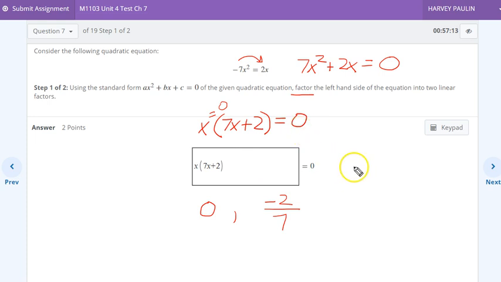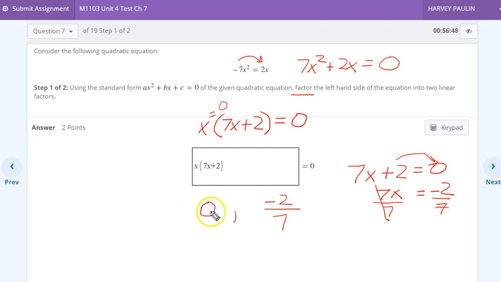Now let me just go through that in some detail because we're sort of using a shortcut here. So first thing, bring the 2 over. That'll become a negative 2 on this side. So we have now 7x equals negative 2. And now you're going to divide by 7.